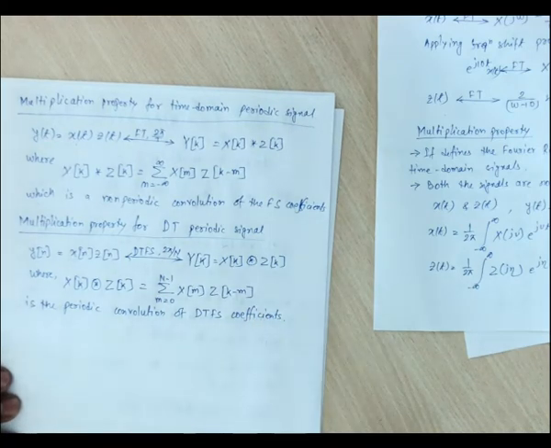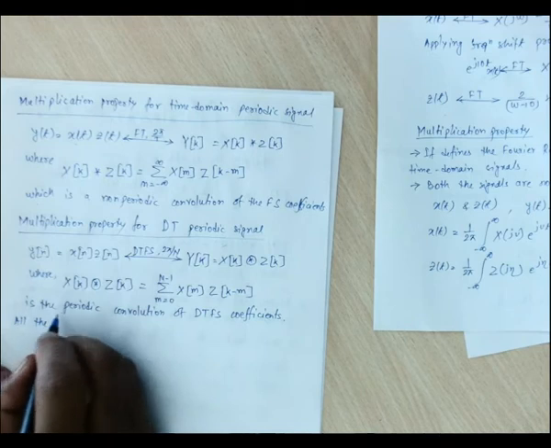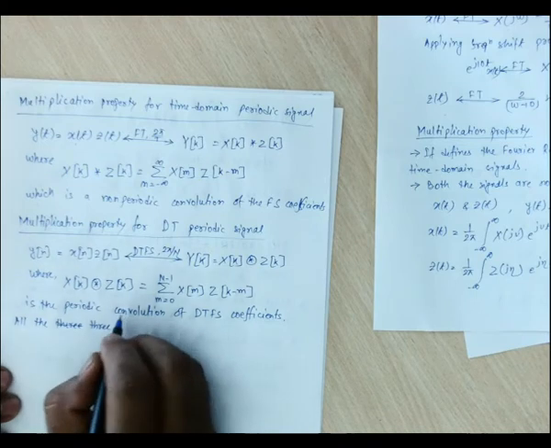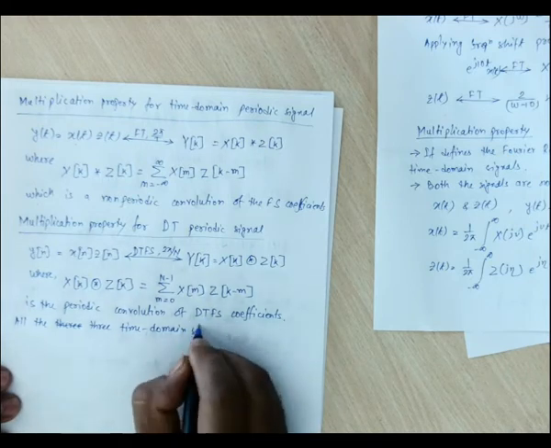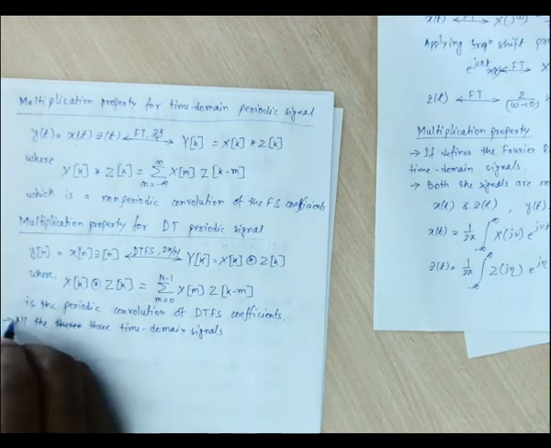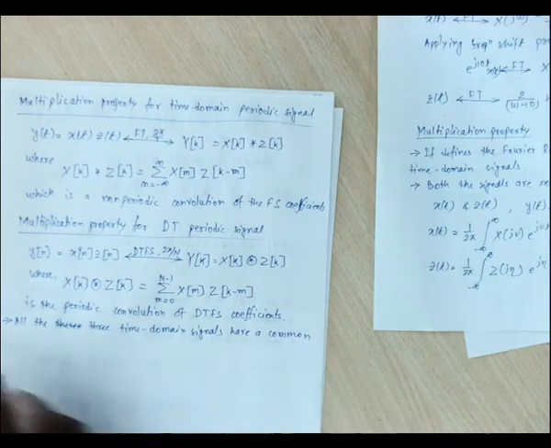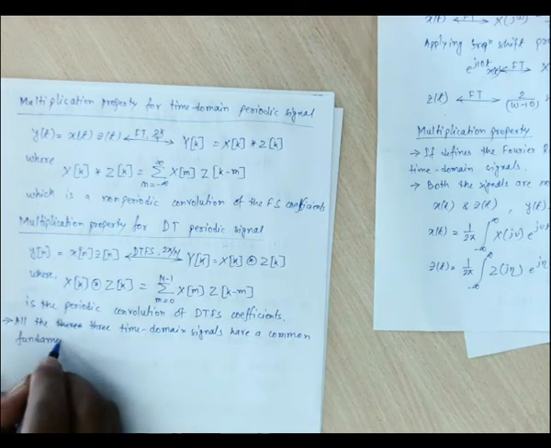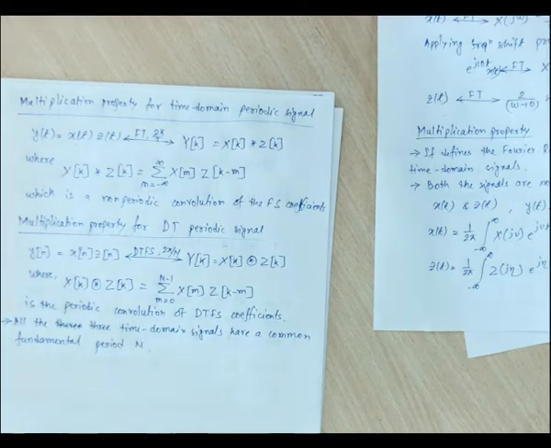You need to remember these things. So all three time domain signals, x[n], z[n] and y[n], have a common fundamental period, that is N. Clear?